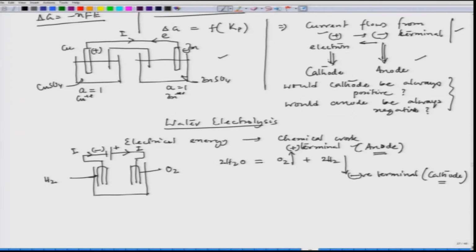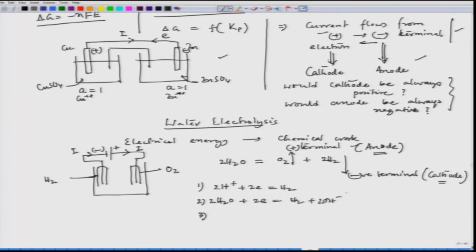Those 4 reactions: H plus plus 2e equal to H2; second, 2H2O plus 2e equal to H2 plus 2OH minus.